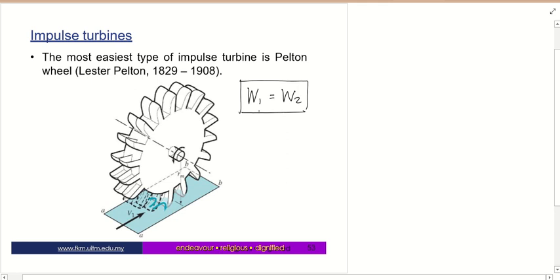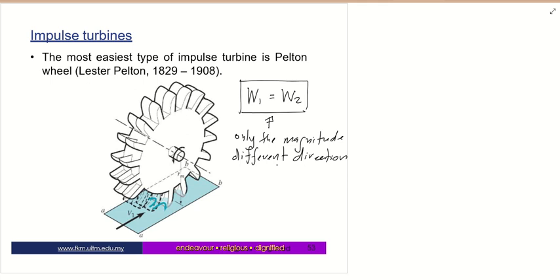Only the magnitude is the same, but the direction is different. This difference in direction of the velocity of the fluid jet causes a torque on the rotor, resulting in a power output from the turbine.